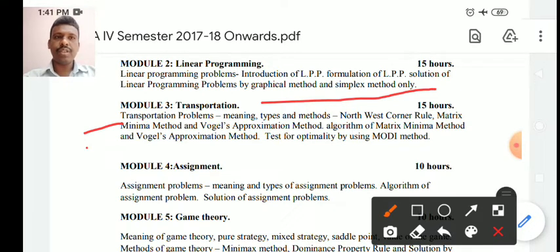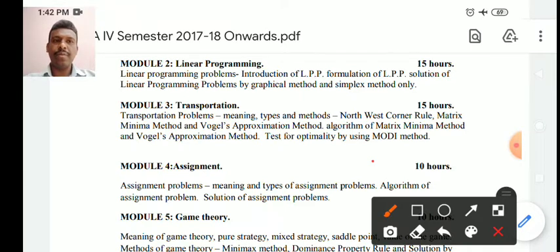Then to find the initial basic feasible solution, we are going to study three methods: the northwest corner method, or northwest corner rule, the matrix minimum method, and Vogel's approximation method.